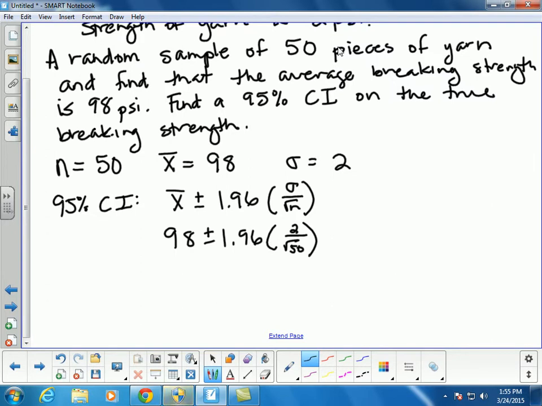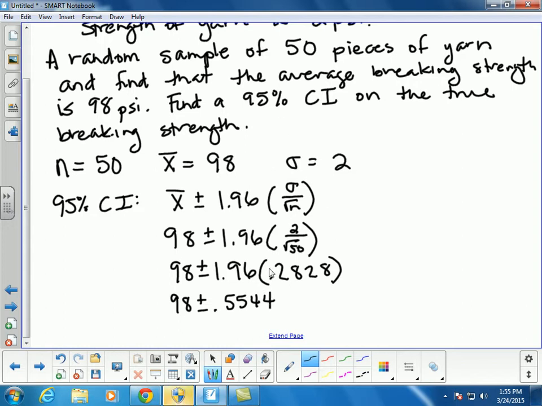So this is 98 plus or minus 1.96 times 0.2828. Then you multiply that by 1.96, and this is 98 plus or minus 0.5544.